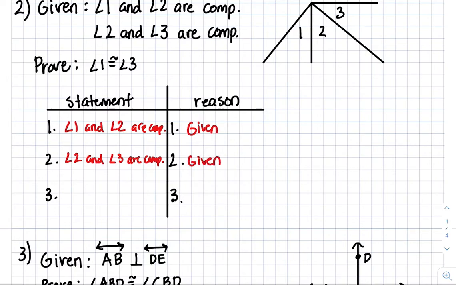So, if you know 1 and 2 are complementary, and you know 2 and 3 are complementary, then you know angle 1 has to be congruent to angle 3. Why? Because that is the congruent complement theorem. Since 1 and 2 are complementary and 2 and 3 are complementary, it just forces 1 and 3 to be congruent to each other.